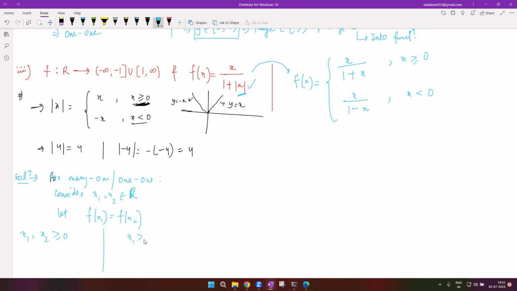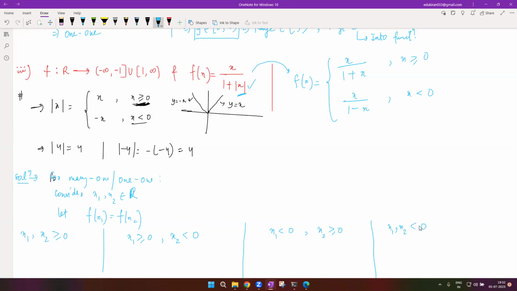Then we will take x1 greater than or equal to 0, but x2 less than 0. Then we will take x1 less than 0 and x2 greater than or equal to 0. So both positive, one positive one negative, there will be 2 cases, and both negative: x1 as well as x2 less than 0.